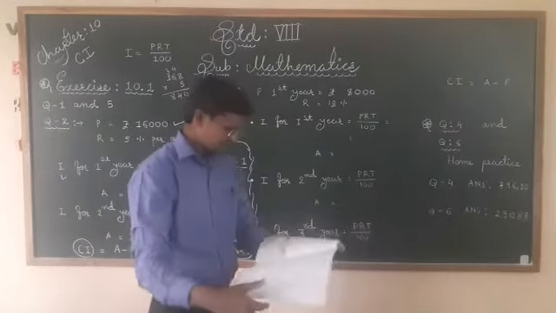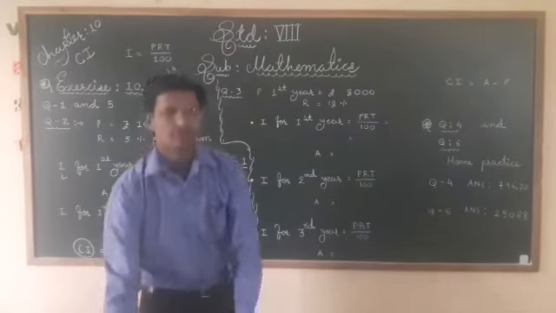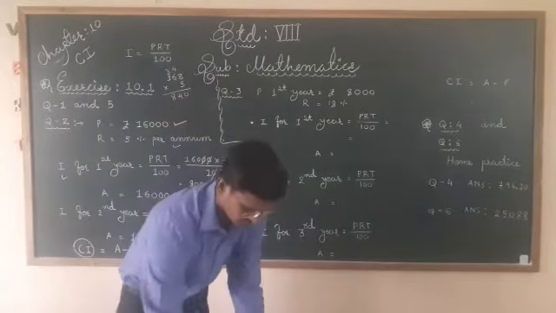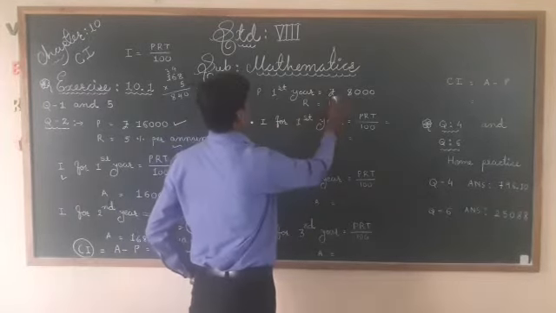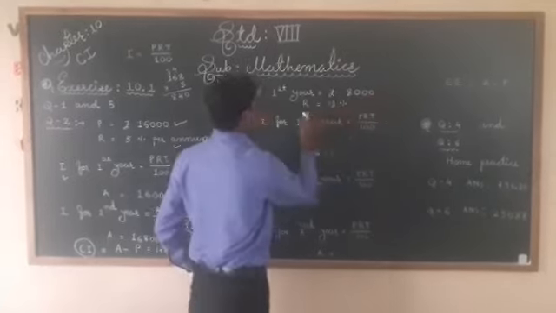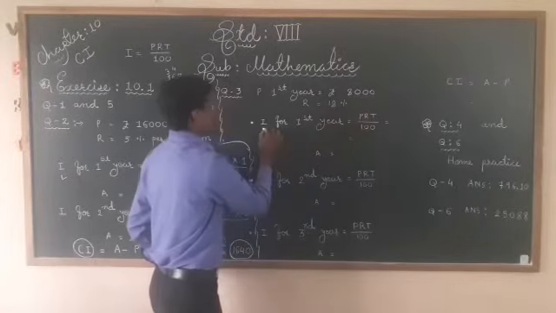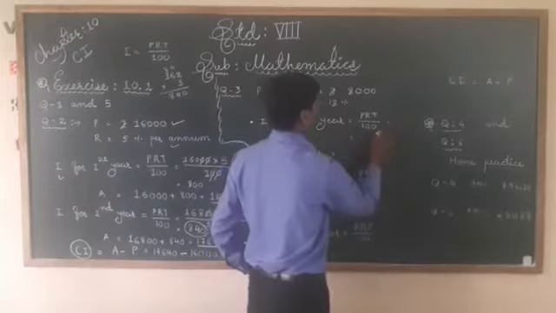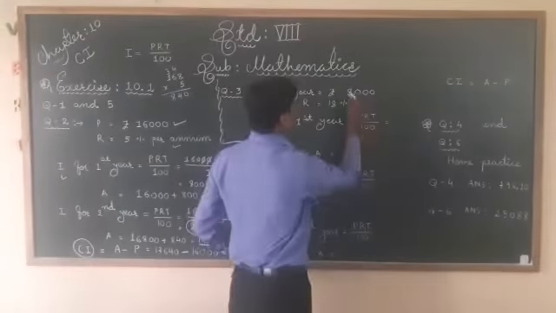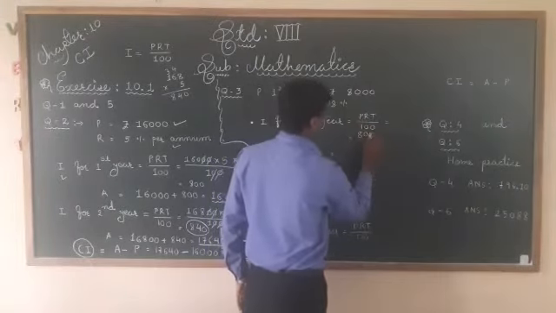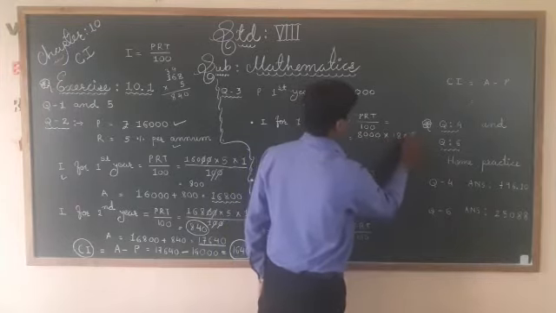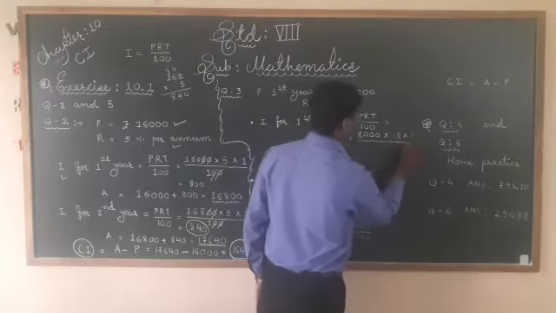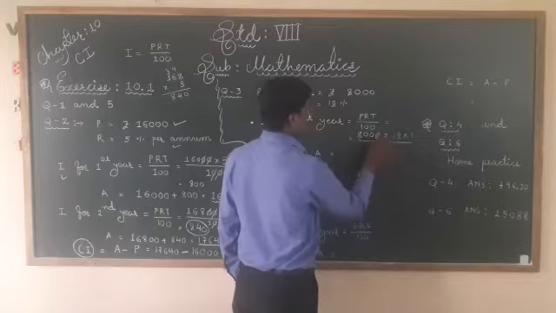So what we have to find? The 3 years interest and compound interest we have to find out. So first of all, the principal is 8,000, rate is 18%. So interest for the first year is PRT upon 100. So here we can utilize this: 8,000, rate is 18%, multiplied by 1, divided by 100. Okay, so 2 zeros out.